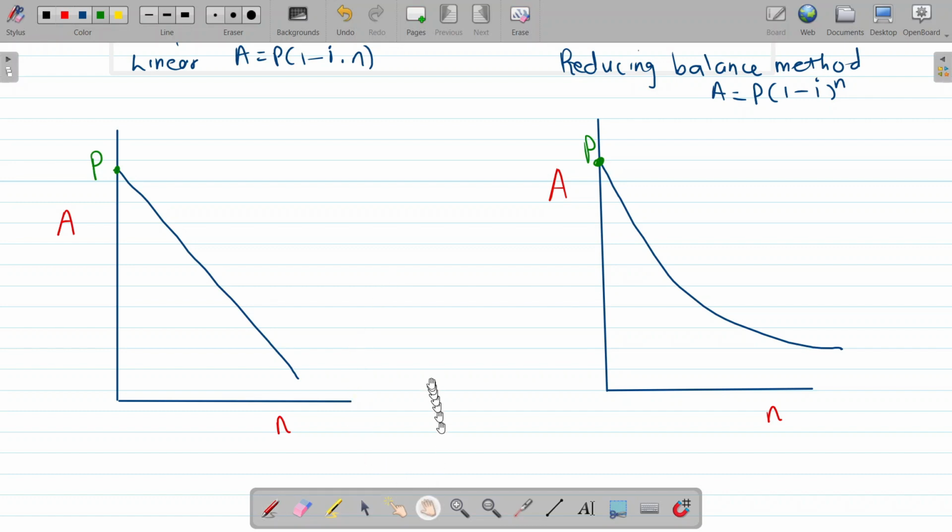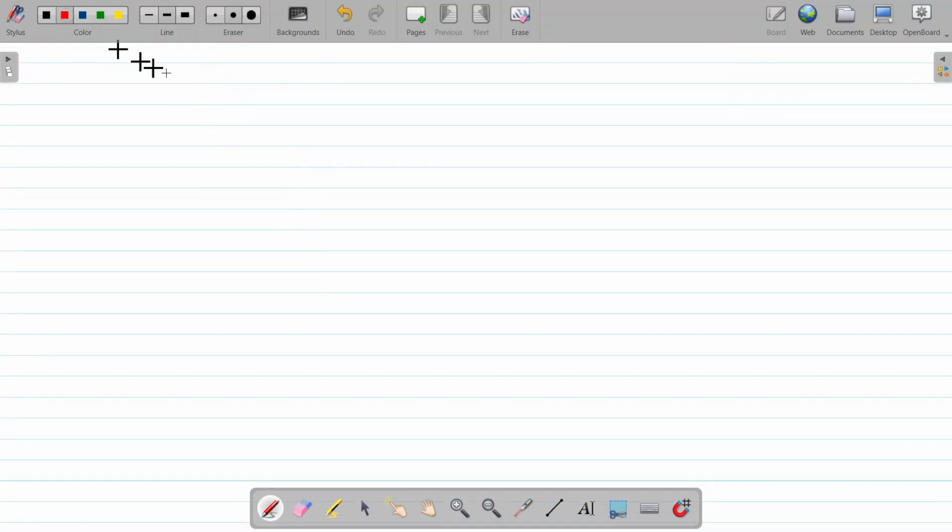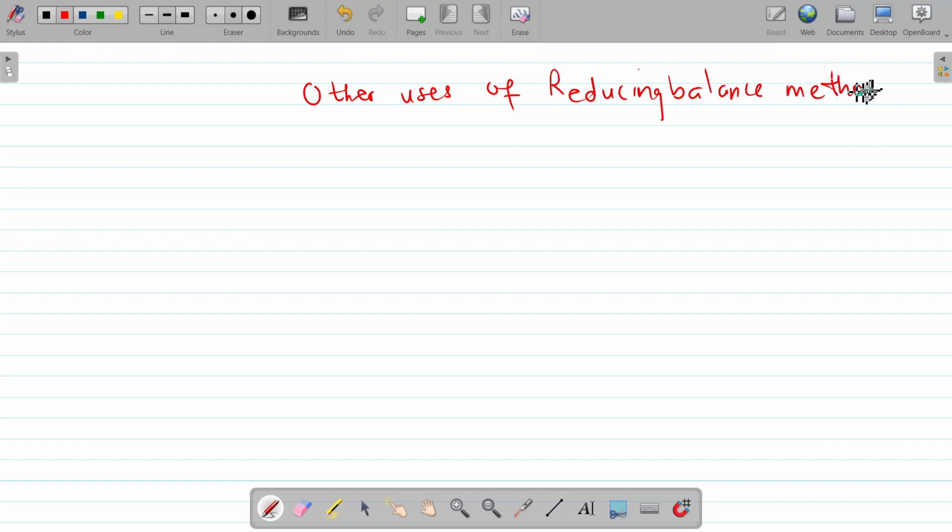Now, I just want to go over the reducing balance method a little bit so that I can give other uses of the reducing balance method. It's not only used when items lose value, it can also be used for population decline.